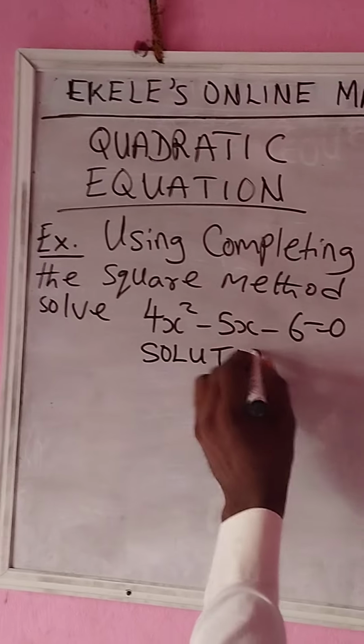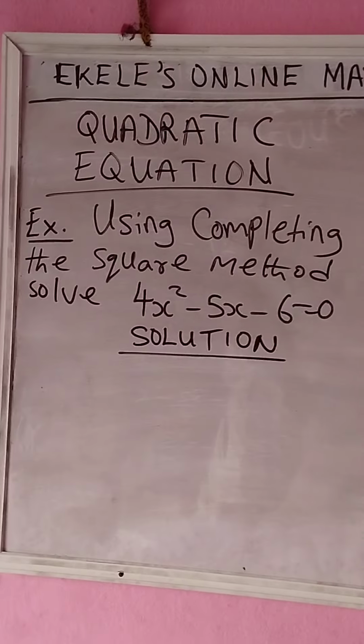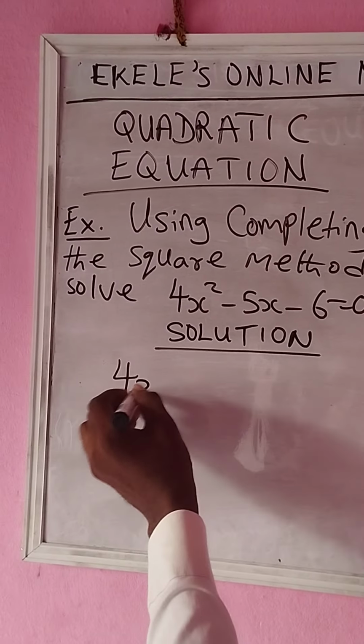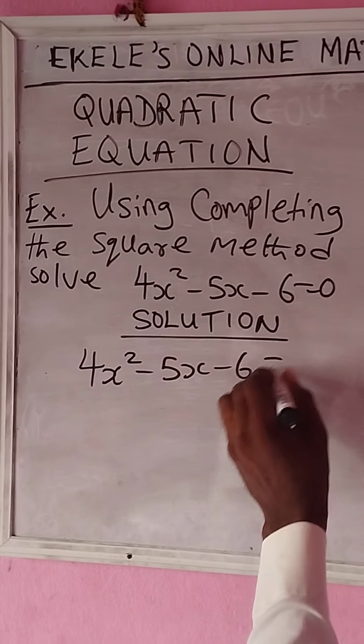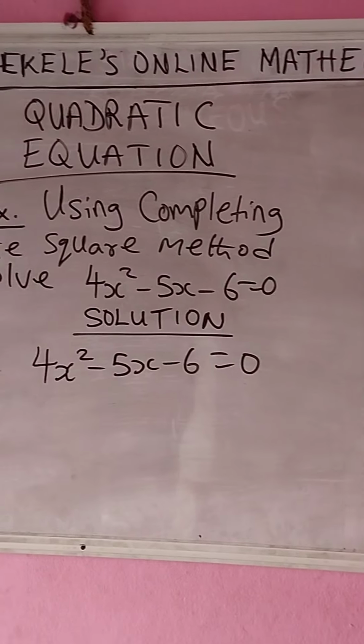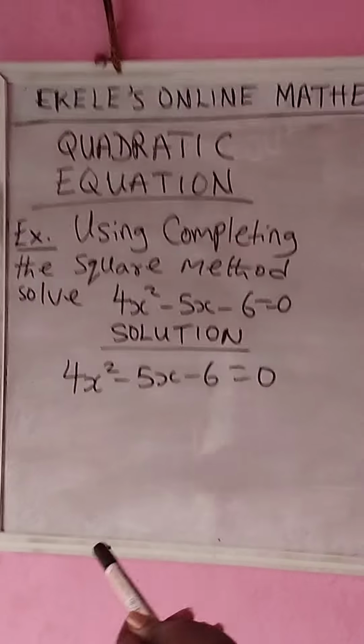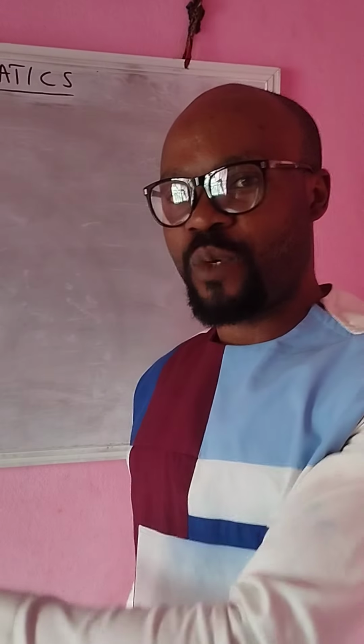Looking at this problem on the board, you discover that there are different methods we can use to solve this particular quadratic equation. You have the factorization method, the completing the square method, graphical method, and at higher level you have other higher methods you can use to solve.